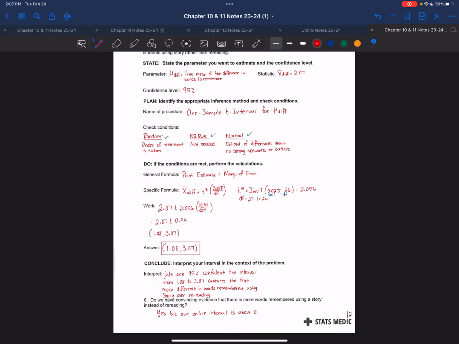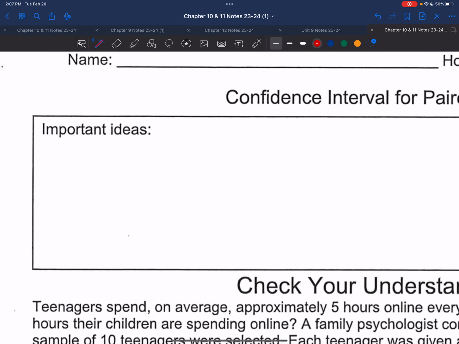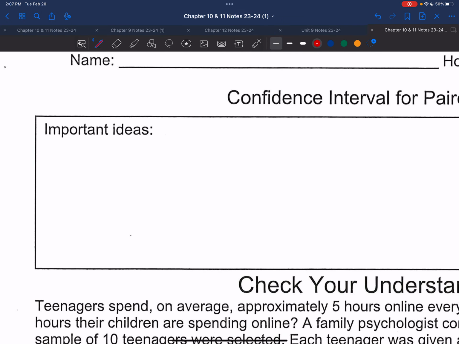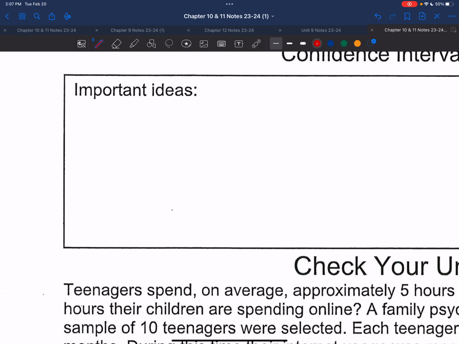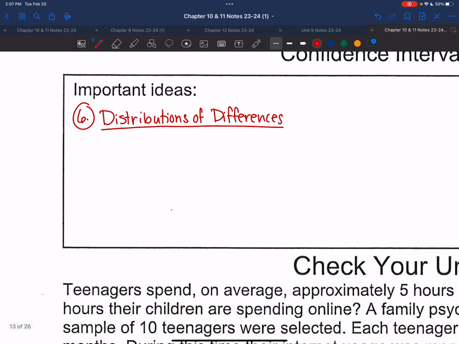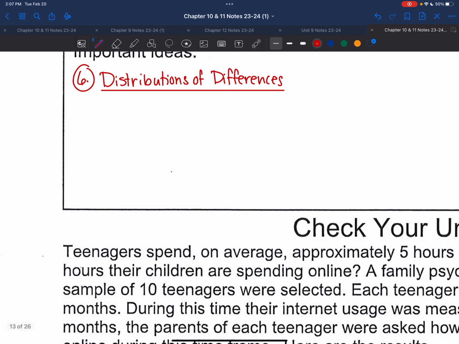Okay. And so last thing, important ideas. Okay. So number 6 bullet point, this would be distributions of differences. Okay, so if you were looking at a distribution, typically you're going to have 0 in there somewhere. Okay, so 0 represents no difference.